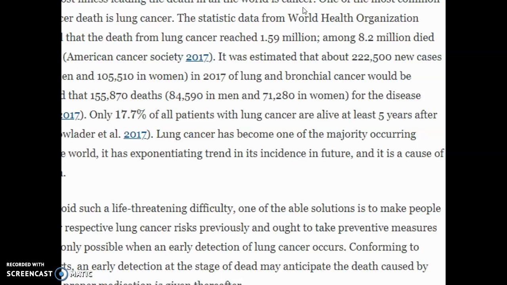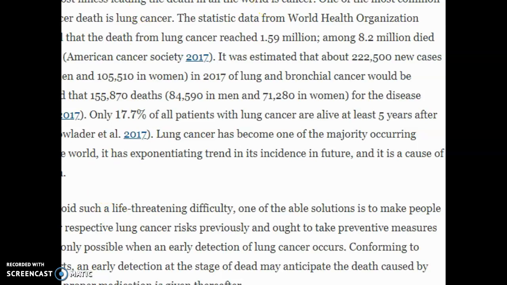This expert system could be used to detect the early form of cancer in patients, and this can only be used when the cancer is in earlier stages, not in the late stages.